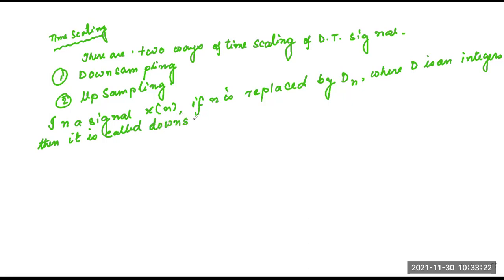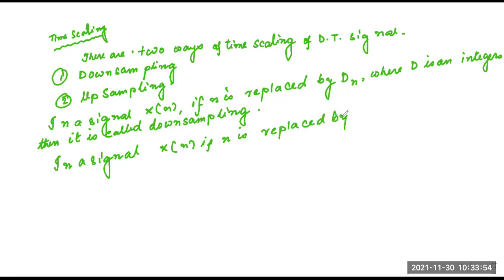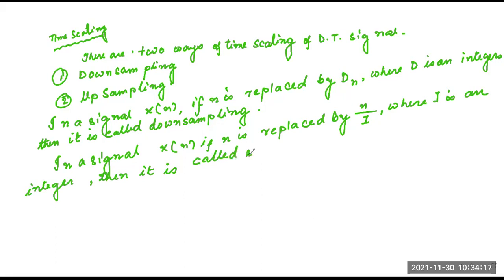And in a signal x[n], if n is replaced by n by I, where I is an integer, then it is called upsampling.